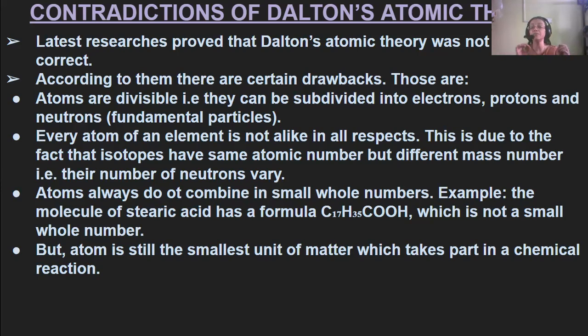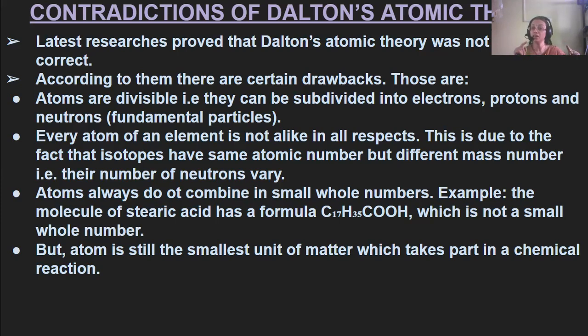Those are: atoms are divisible. He told that atoms are indivisible particles. But here we see that atoms are divisible and can be subdivided into electrons, neutrons, and protons. Every atom of an element is not alike in all respects. He told that every atom of a single element is similar.